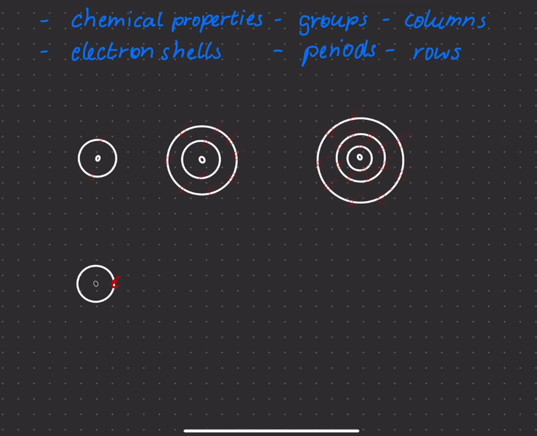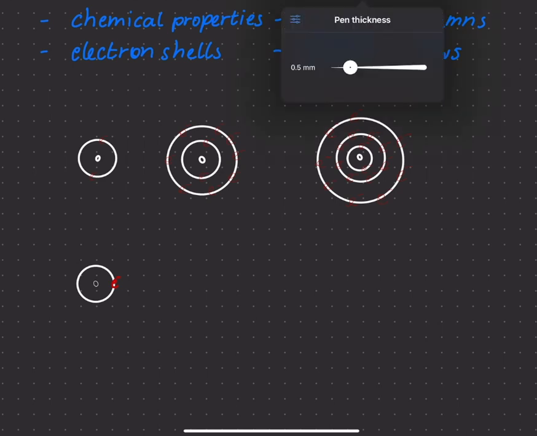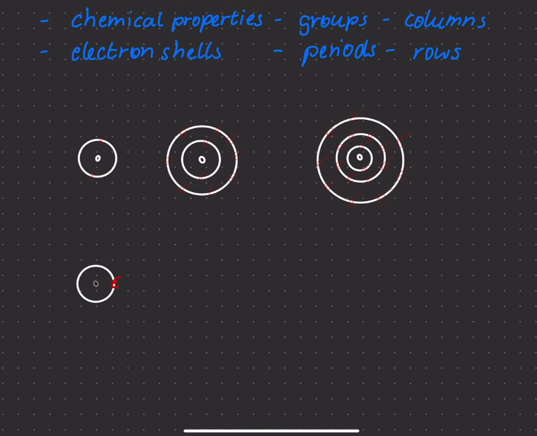So it is always these outer electrons which are involved in chemical reactions to form or break chemical bonds, not the electrons on the inner electron shells. So valence means the power or capacity to react.